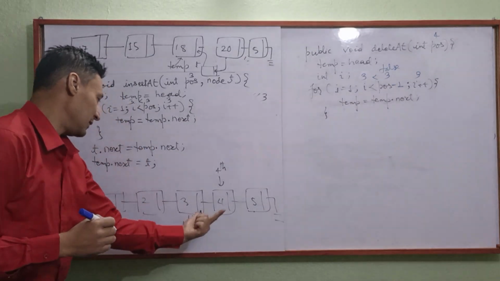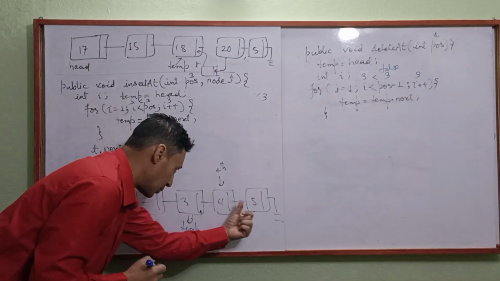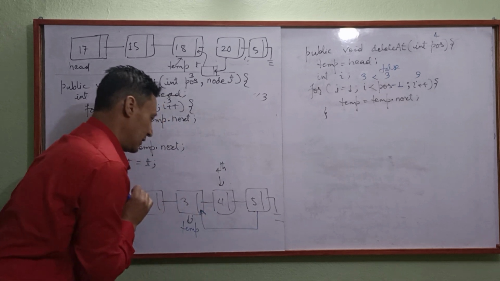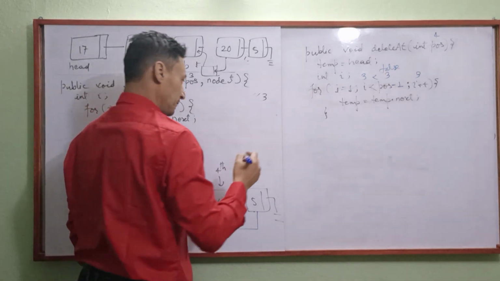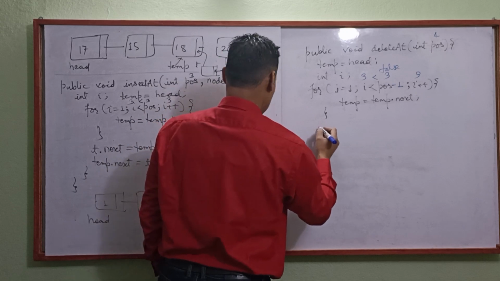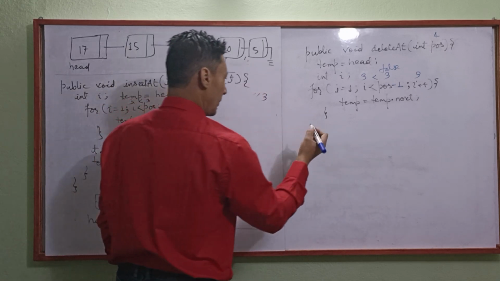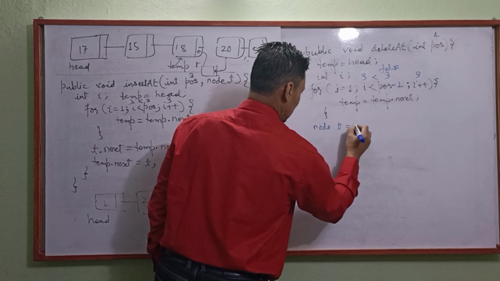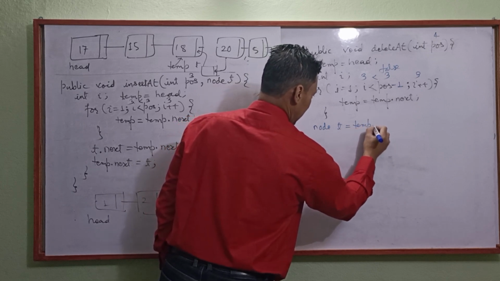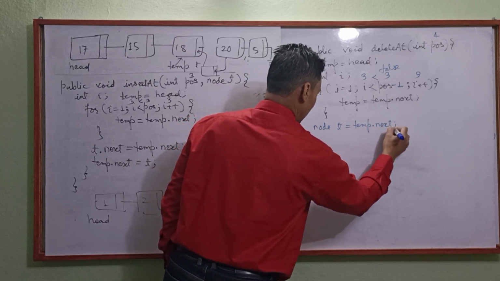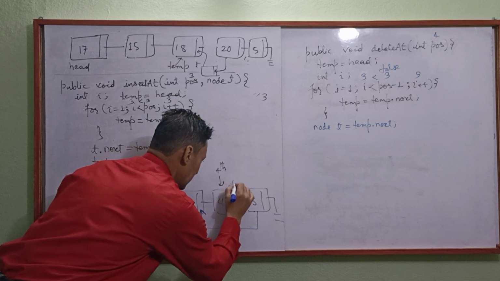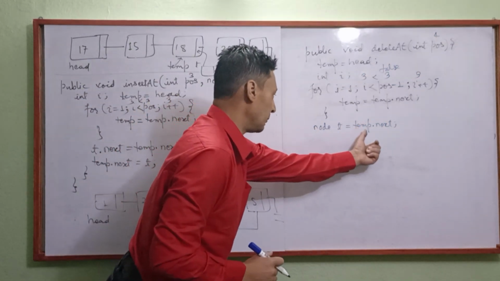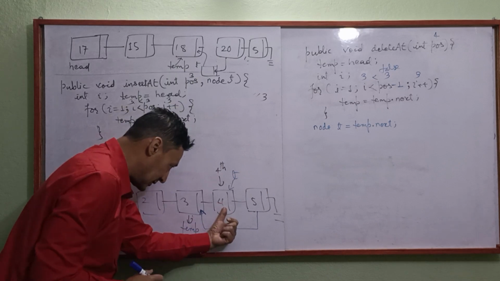Now what we do here is simply store the reference of this node to this address part. Let's assign Node t equals temp.next. This means this is now our t, because we are assigning temp.next to t.